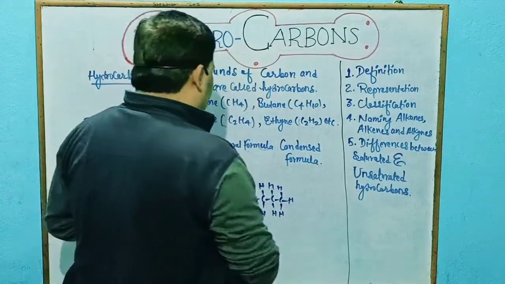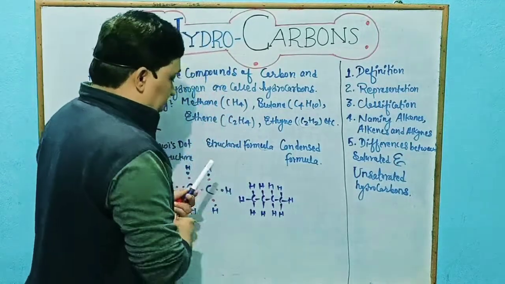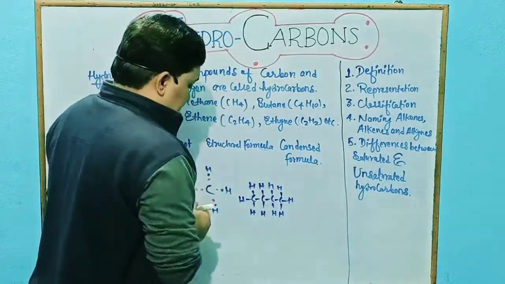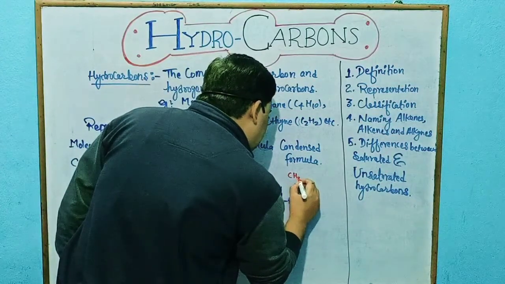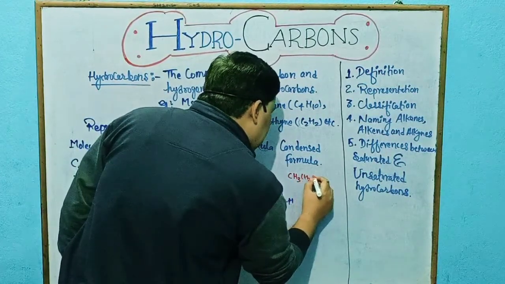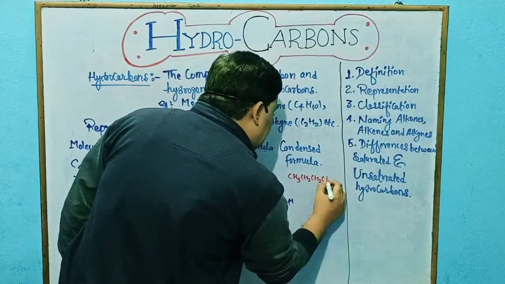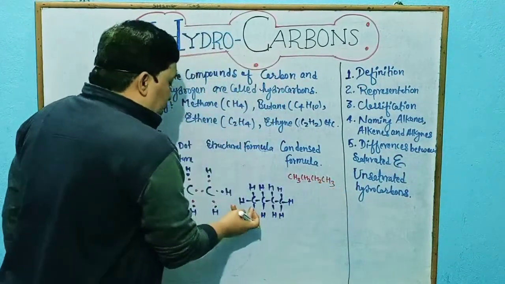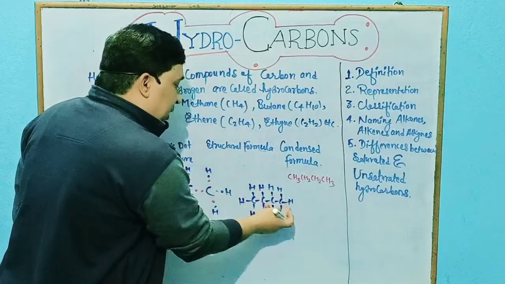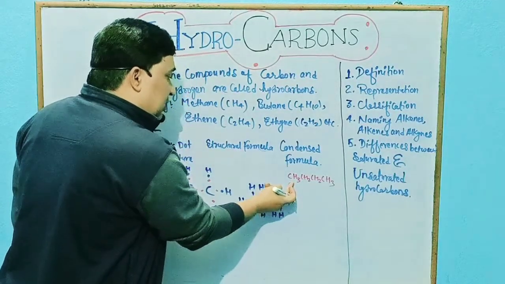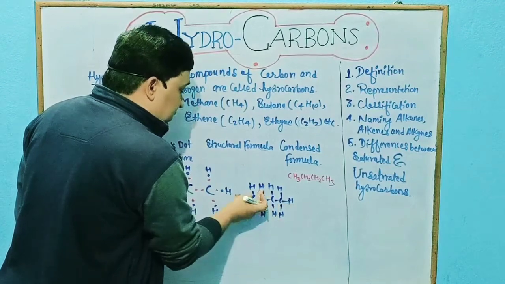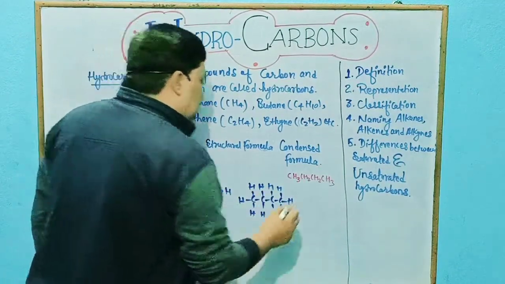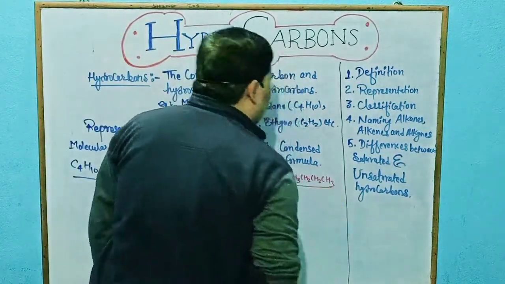And in condensed formula, right, we just write CH3, CH2, CH2 and again CH3. At both ends, 3 hydrogen atoms are attached to the carbon. So it is CH3, CH3, and between the first and last carbon, it is CH2, CH2. So this formula is called condensed formula.